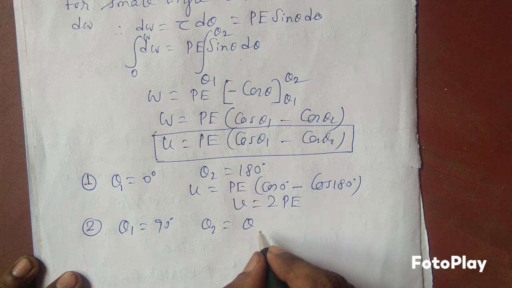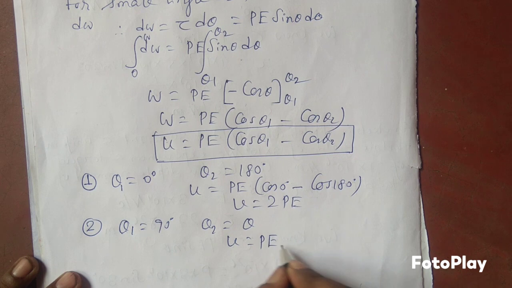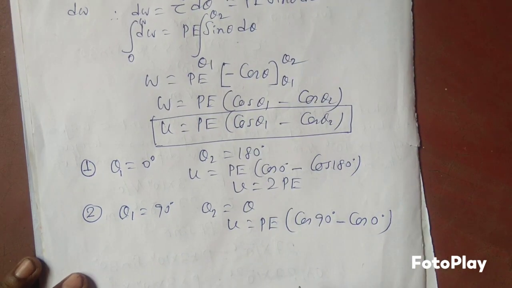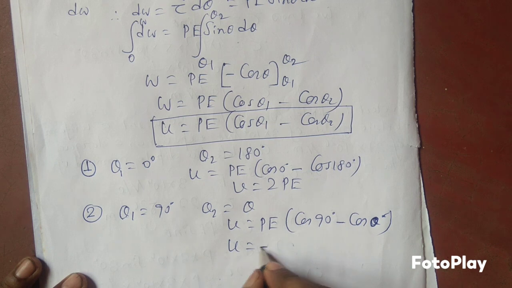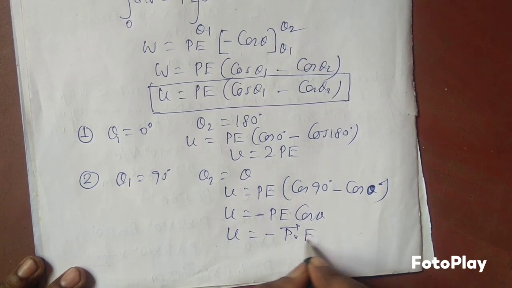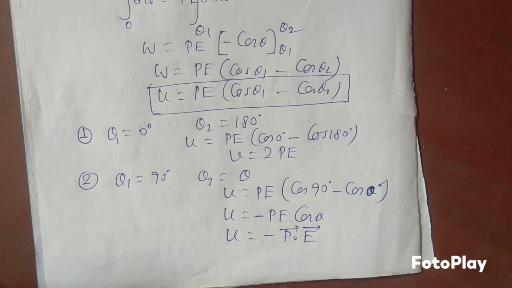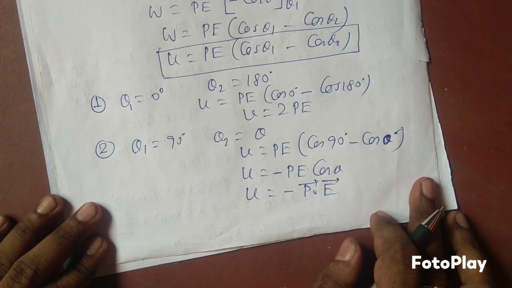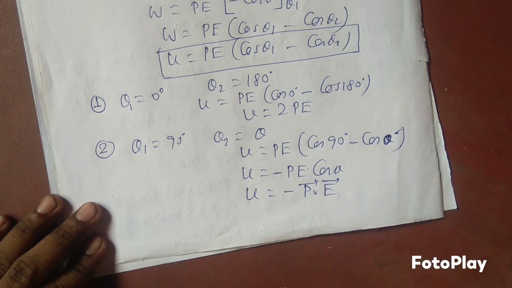Then W or U equal to PE, that is cos 90 degree minus cos theta, so that is minus PE cos theta, so U equal to minus P dot E. So we can easily calculate the equation of potential energy.